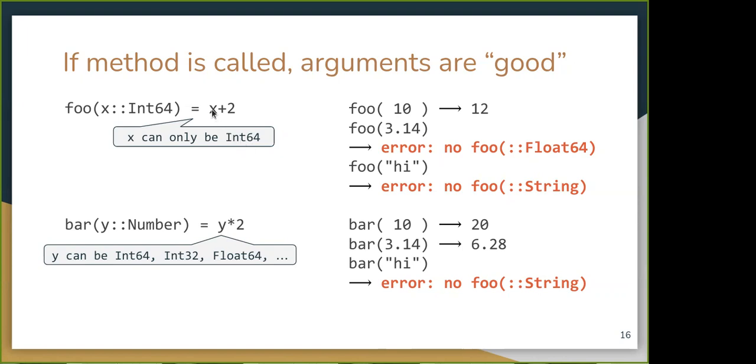Namely, if it knows that this is an integer, it can, for example, optimize this addition because it knows how to most efficiently add integers. Whereas in TypeScript, even though you have this annotation, it actually doesn't mean anything at runtime. So you cannot rely on this. This is not an assumption that's valid at runtime.